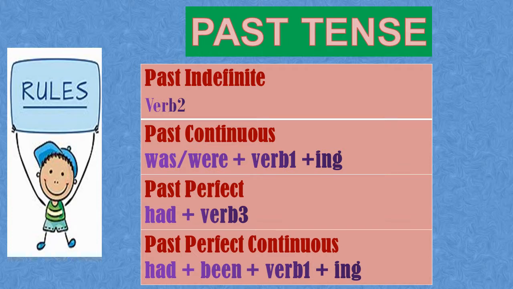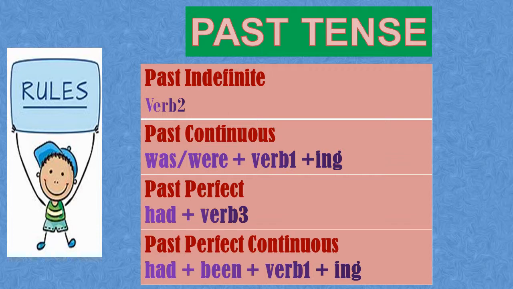Let's start with the rules of the subcategories of past tense. First, past indefinite tense, in which we use the second form of the verb. Second, past continuous tense, in which we use was, were plus first form of verb plus ing.